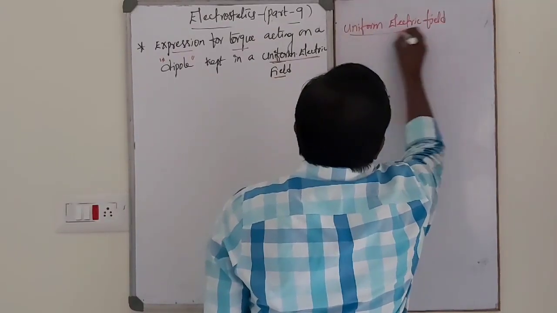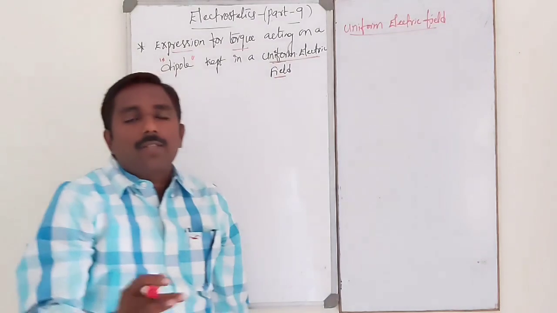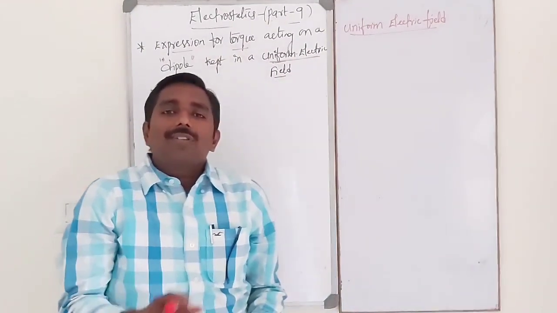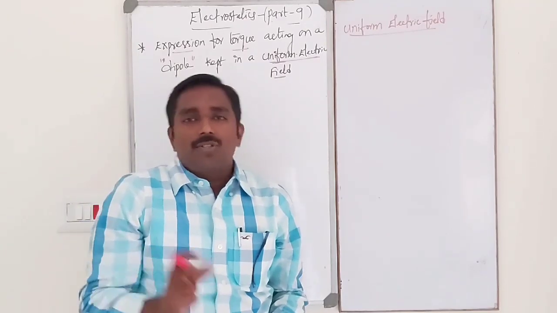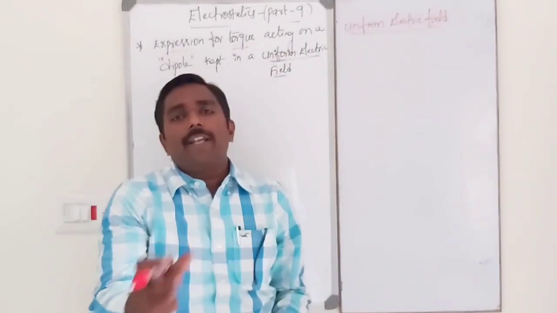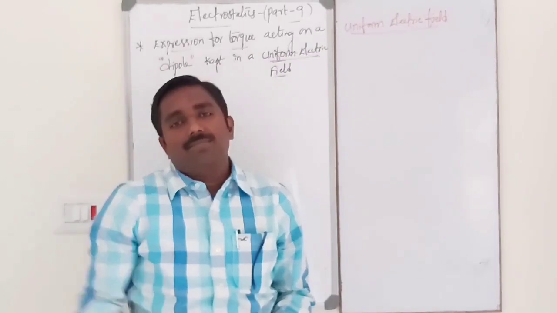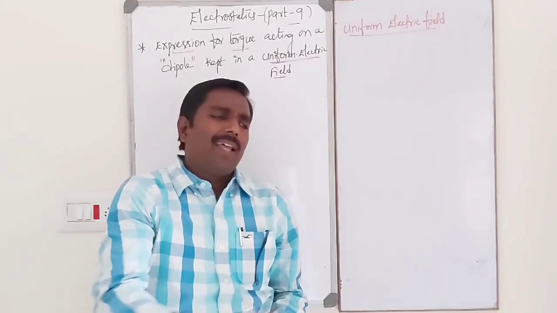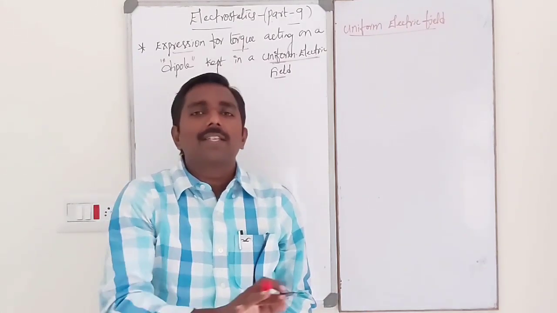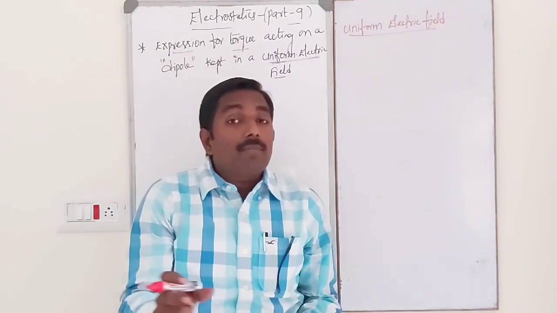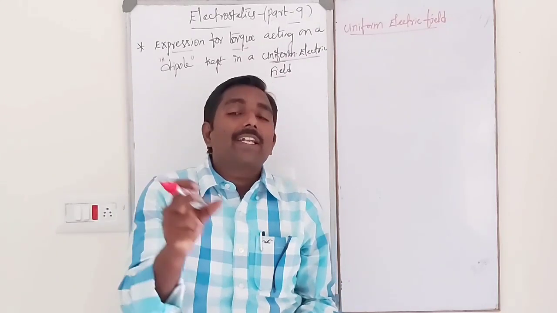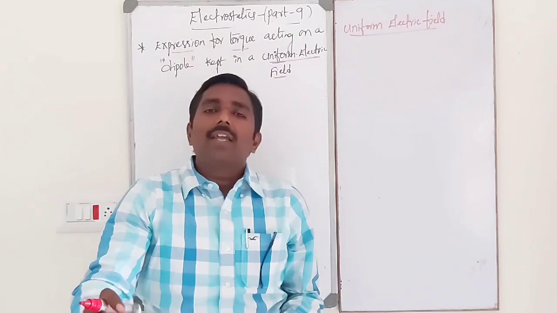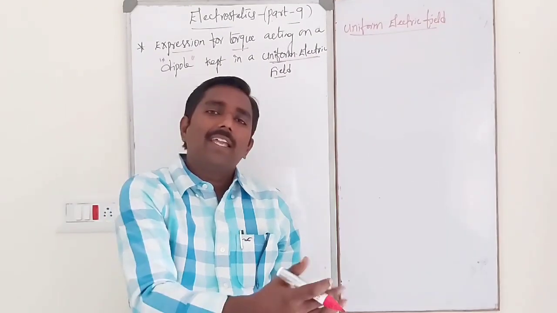Okay, uniform electric field. So what is meant by uniform electric field? The force acting on a unit positive charge kept at any point in the field is the same. That is, the same quantity of force acts on a unit positive charge kept at any point.